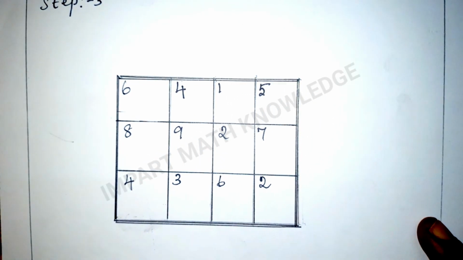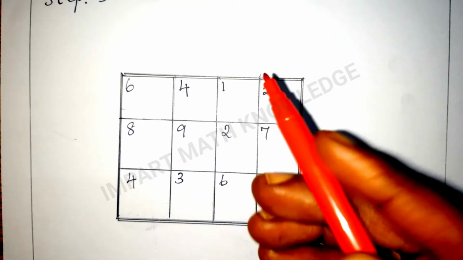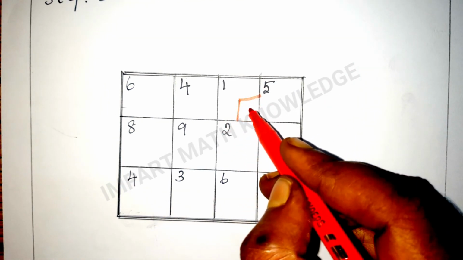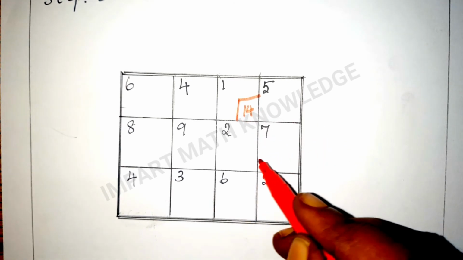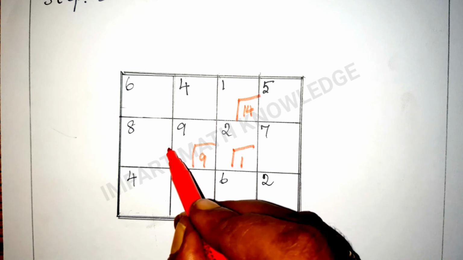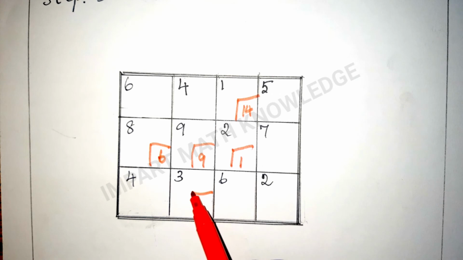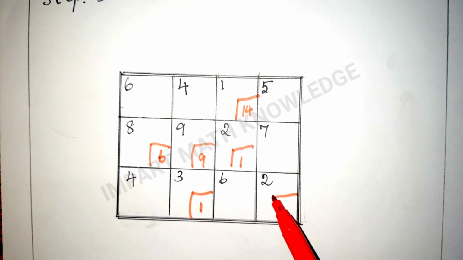Now the next step, you have to write all the allocations here. The allocations are 14, here 1 and here 9. This is taken from the previous step. 6, 1 and 4.